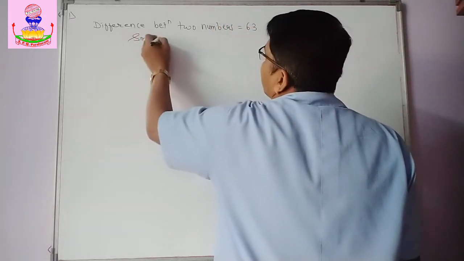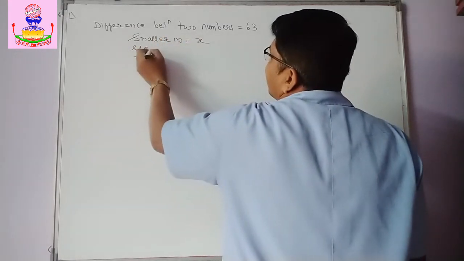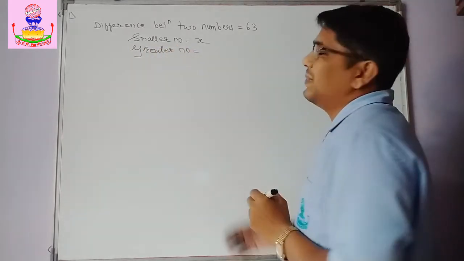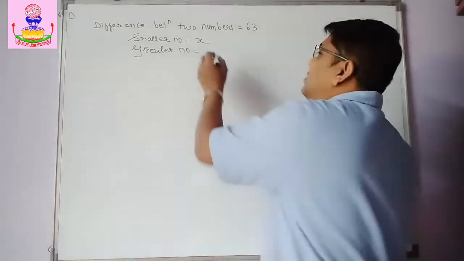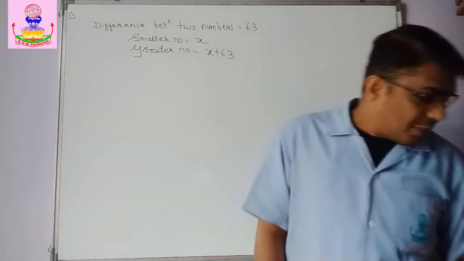If I say the smaller number is x, then the greater number will be, since the difference between them is 63, x plus 63.